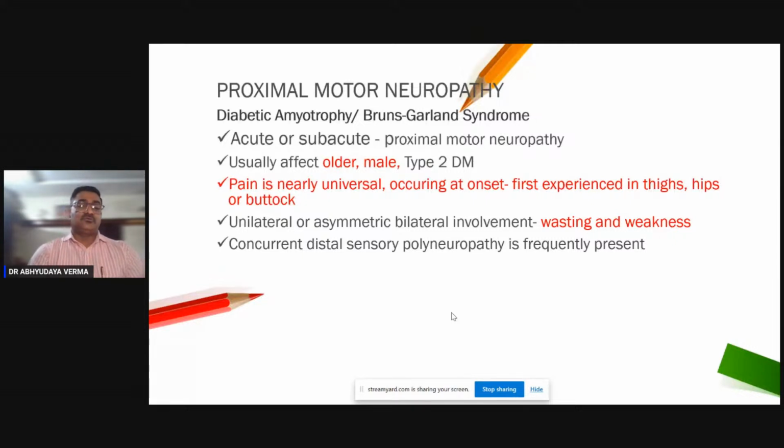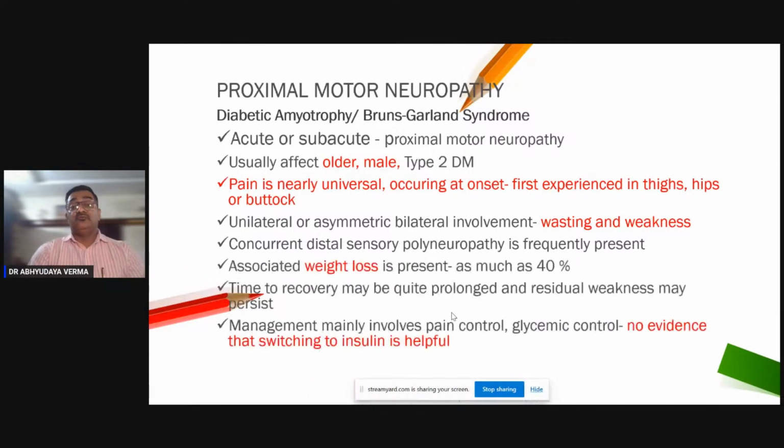Sometimes concurrent distal sensory polyneuropathy can also be involved. It is associated with weight loss of up to 40%, because of the muscle amyotrophy that can be seen. So the thigh muscles become weak, the hip muscles become weak, and the patient loses weight. And obviously, the management is good glycemic control and pain control.